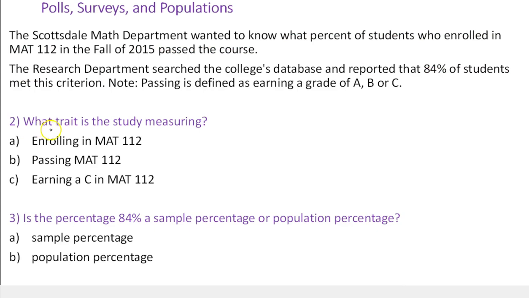Next, we're asked, what trait is the study measuring? Remember, there's something specific about this population we want to know, and typically we think of them as, for each person in the population, they either have a 0 or a 1, where 0 is not meeting some criterion. So in this case, 0 would be they did not pass the course.